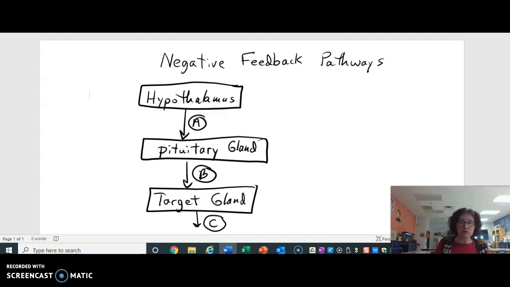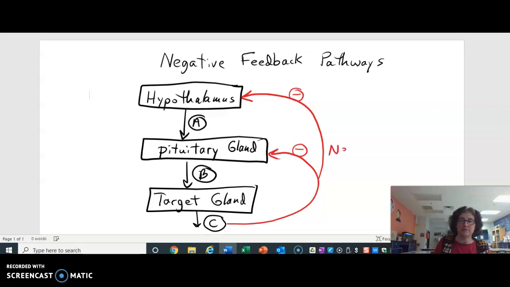But molecule C also has the added role that when it builds up enough, molecule C will feed back, negatively feed back, very often on both the hypothalamus and the pituitary gland. Right?